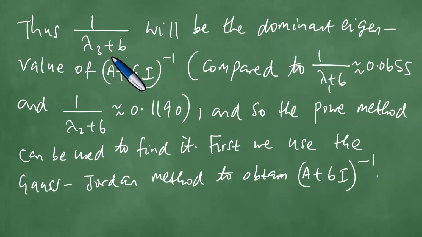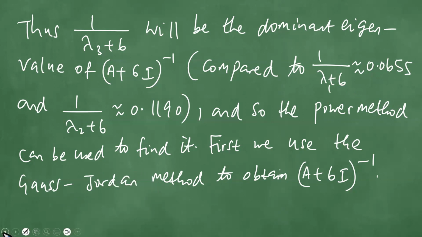If lambda 3 plus 6 is small, then the reciprocal or the multiplicative inverse will be the dominant eigenvalue of the inverse matrix compared to lambda 1 plus 6, which is approximately that, and lambda 2 plus 6, which is approximately 0 point that. And so the power method can be used to find it.